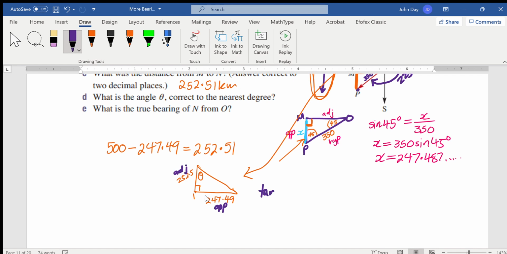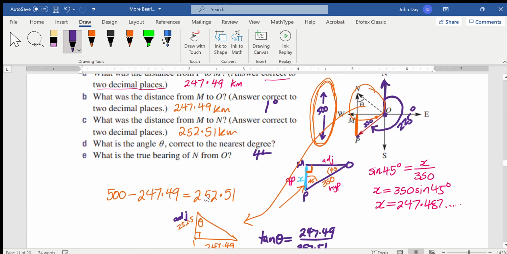So tan theta equals 247.49 on 252.51. When you find theta, put that in the calculator. Remember to press shift. So 247.49 divided by 252.51. It's in the calculator. You go shift tan of that answer, and it says 44.42, etc. degrees. They want the angle to the nearest degree, so we'll just go 44 degrees.